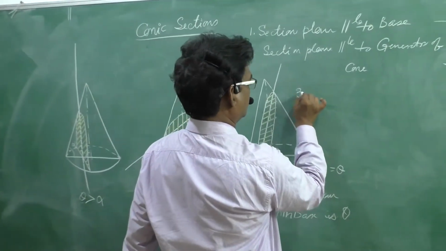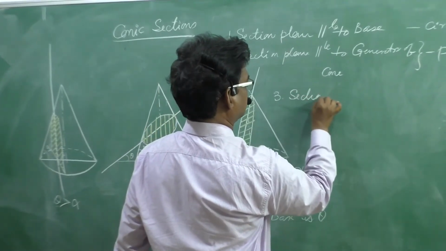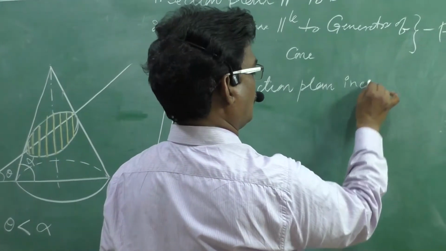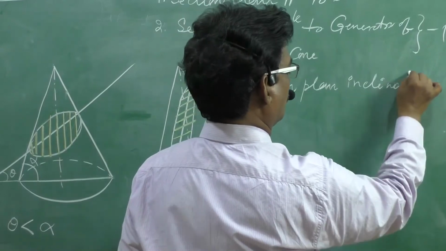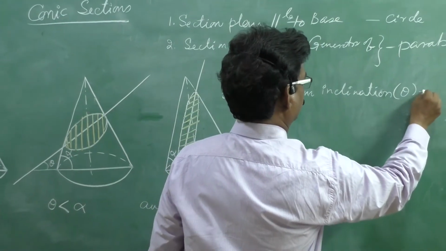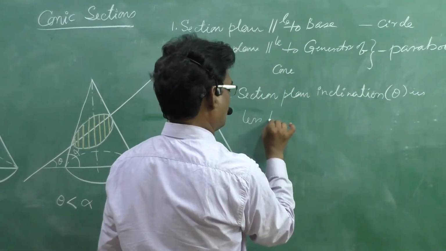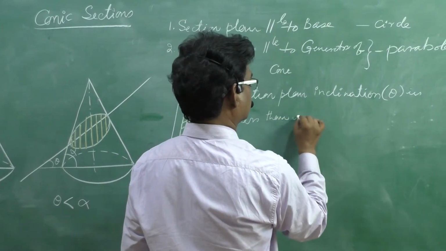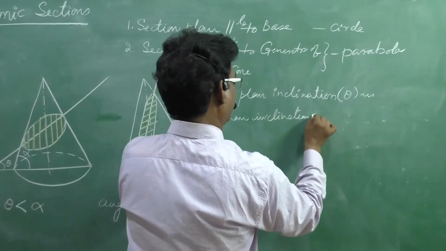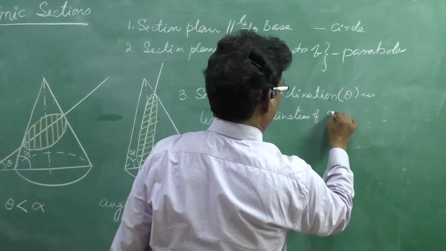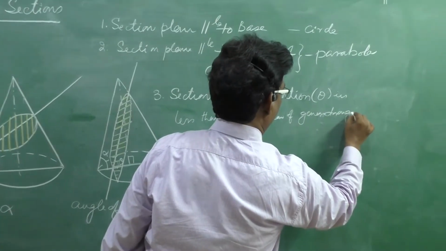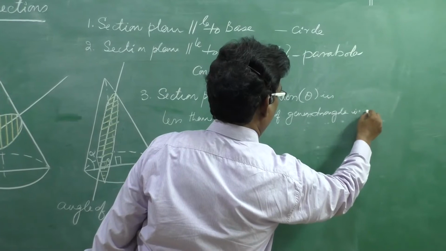Third one, the section plane inclination theta is less than the inclination of the generator angle, which is alpha.